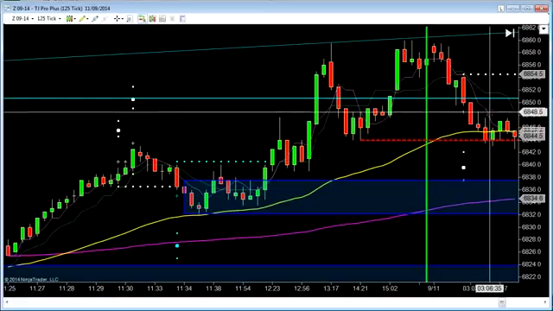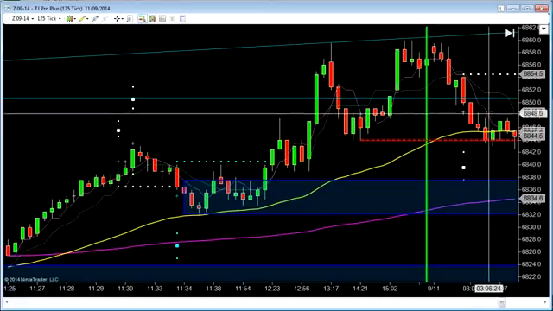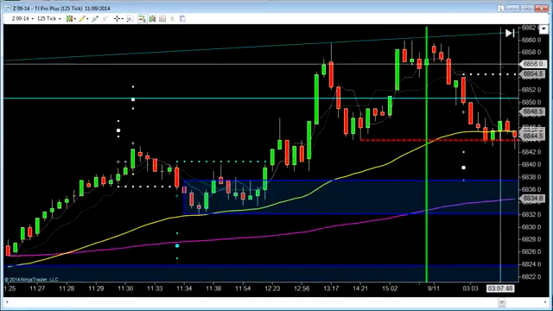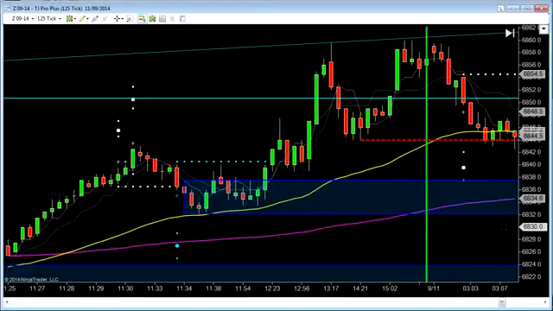So the entry was at 48.5, moved it to 48. So the trade is in theory risk-free at this point. Remember, it's only in theory because your stop is basically a market order once it's activated, and if you get slippage then it could still lose you money on the trade, but in theory the trade's safe now.